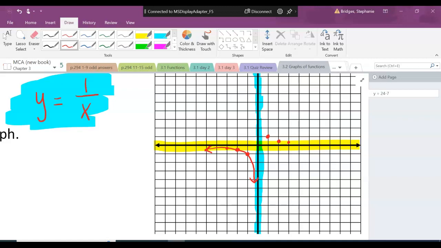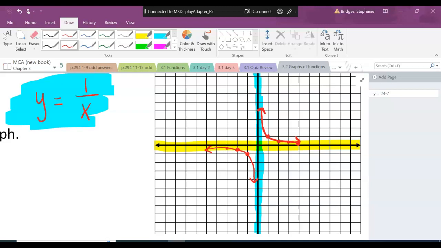And then the same thing on the other side. We're going to get close to our x-axis. We're going to curve through these points, and we're going to put our arrows. And that's kind of what a reciprocal function looks like. It's mirrored on either corner.